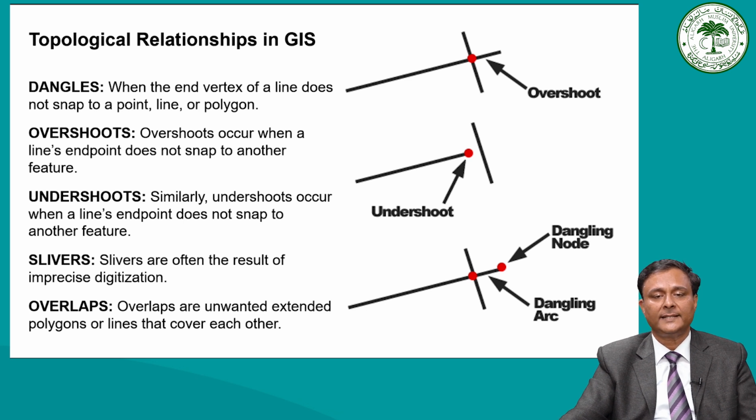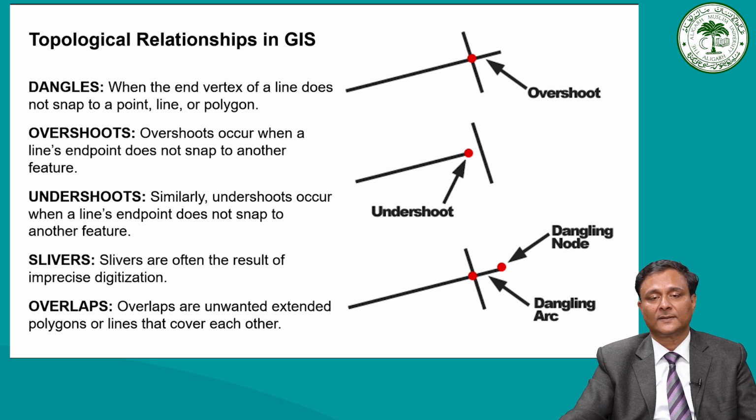Undershoots occur when a line's endpoint does not snap to another feature, resulting in a line a little short. The slivers are often the result of imprecise digitization in spatial information science, which creates undesired gaps in polygons. So these gaps would be the sliver polygons.